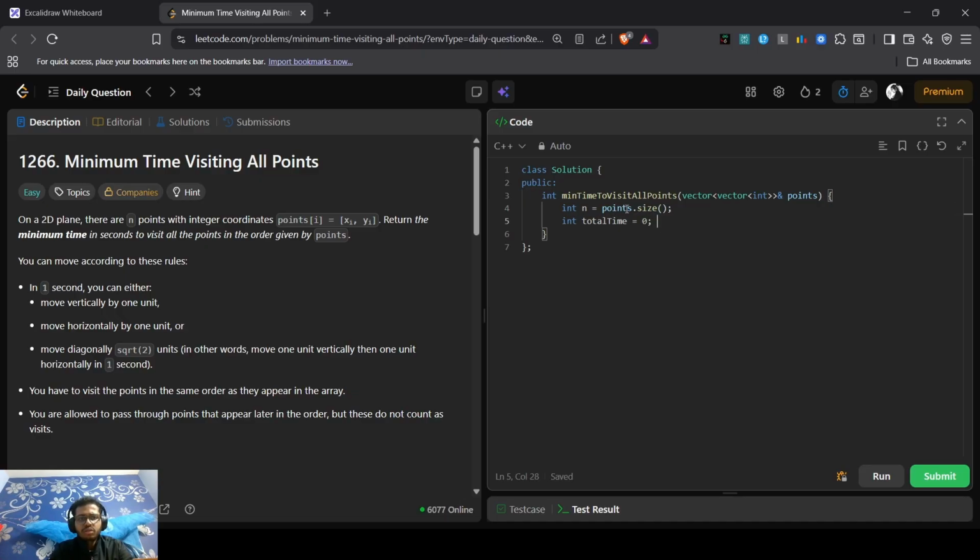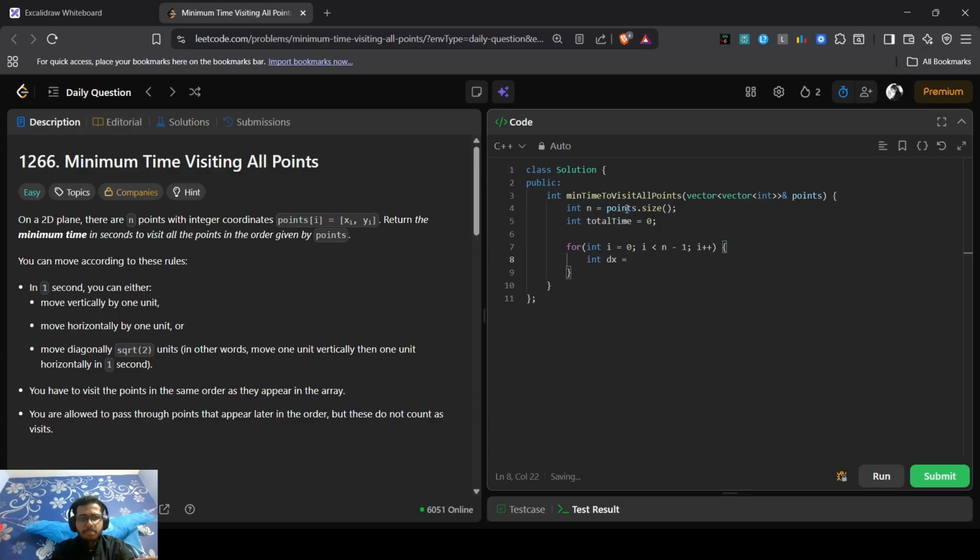Let's initialize total time equal to 0. We have just discussed that we will go up till n minus 2, so it's less than n minus 1. Where is my cursor? Okay. So calculate the dx.